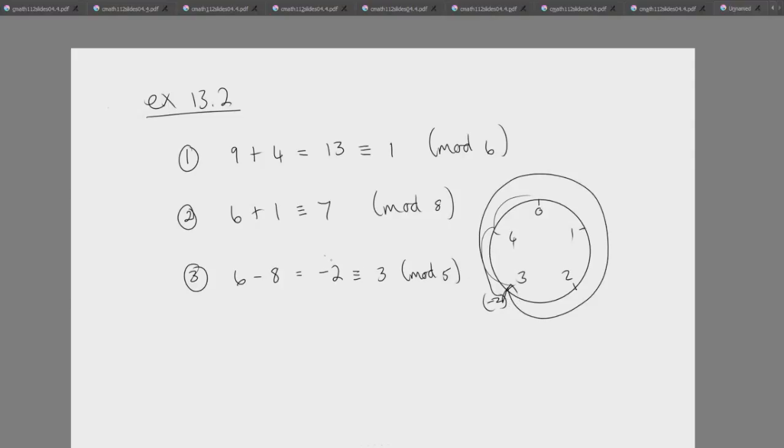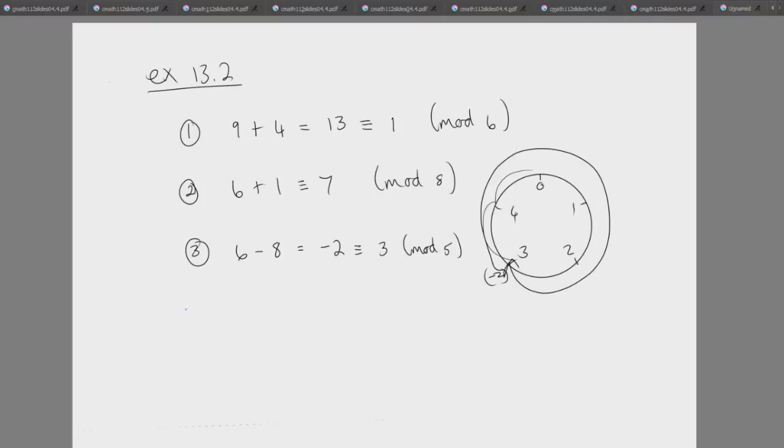So if you have a negative number as a calculation, you can add the modulus value to put you among the correct valid digits or answers for your specific circle.